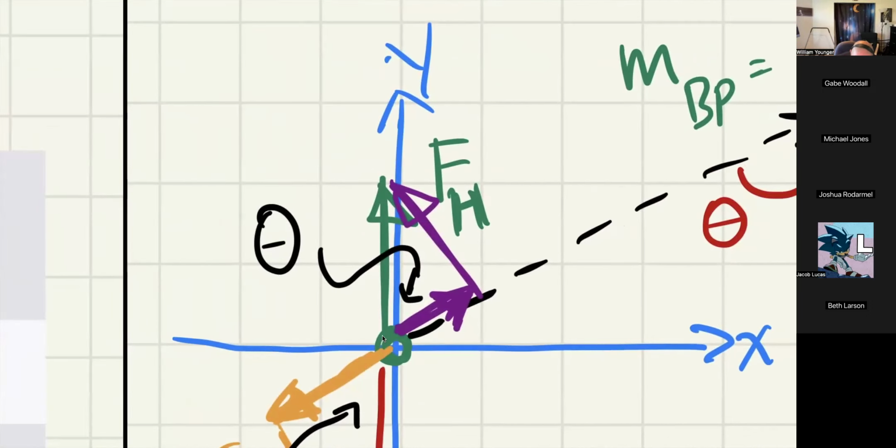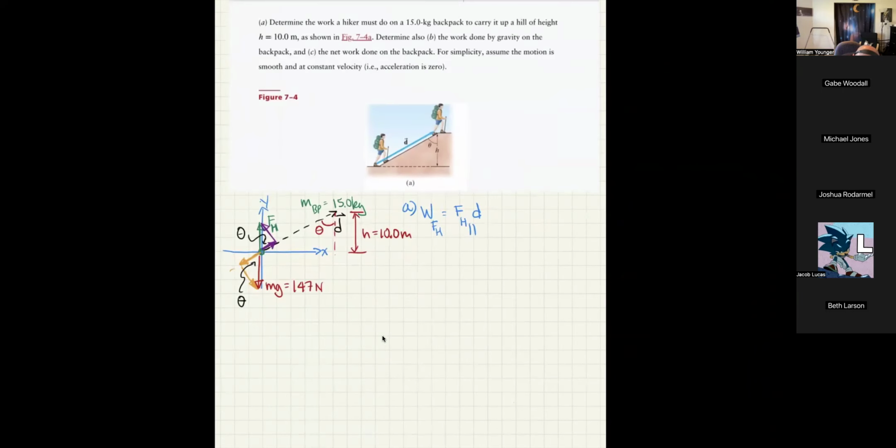See that triangle? If F_h is the actual force that the hiker is putting on there, then it's this hypotenuse here. We want this little bit, and what we can see is that if we take the cosine of theta, we get this little bit divided by the hypotenuse. So that's what we got to do.